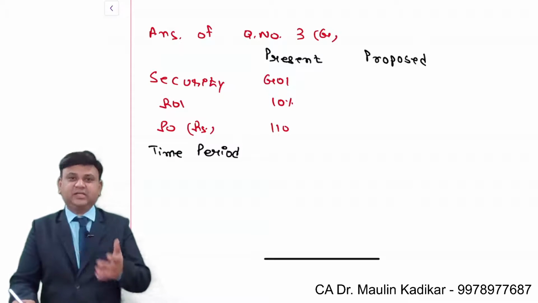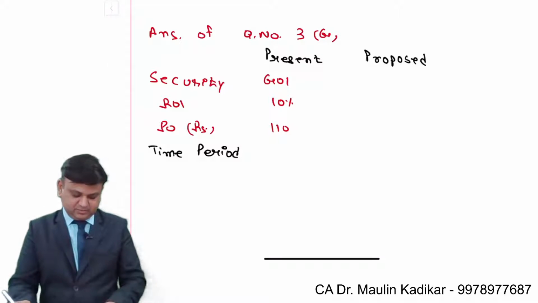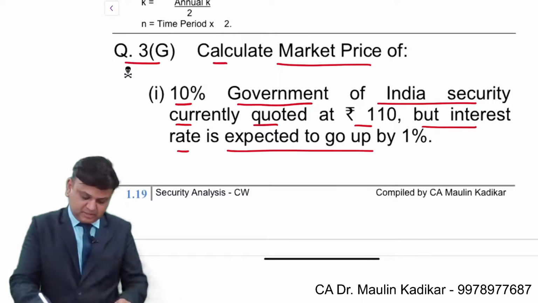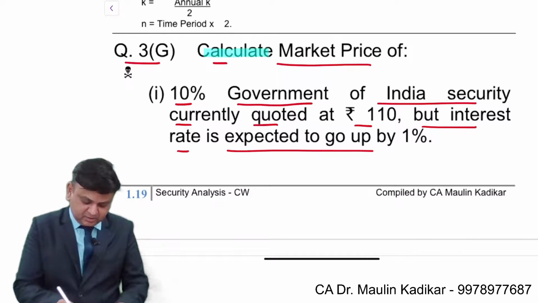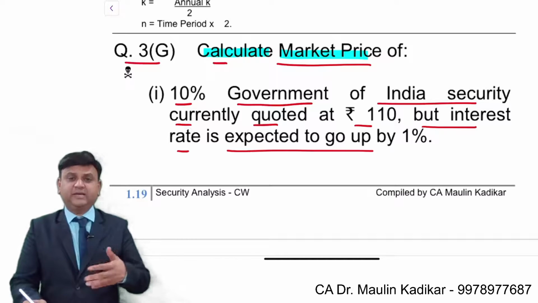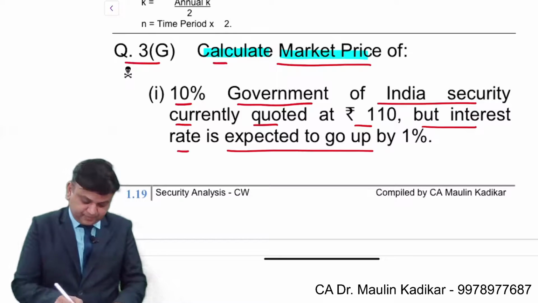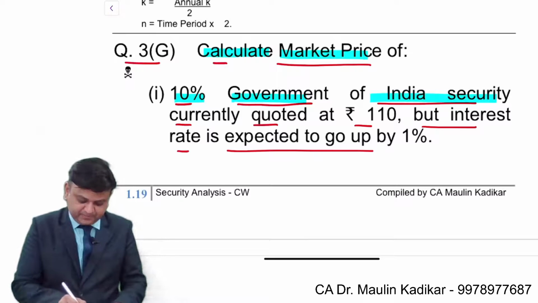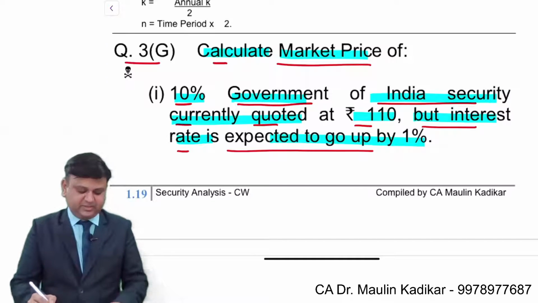Let us have understanding of the question before we do answer. The question is providing the information. Calculate market price of, means market price of what? 10% Government of India security currently quoted at 110, but interest rate is expected to go up by 1%.